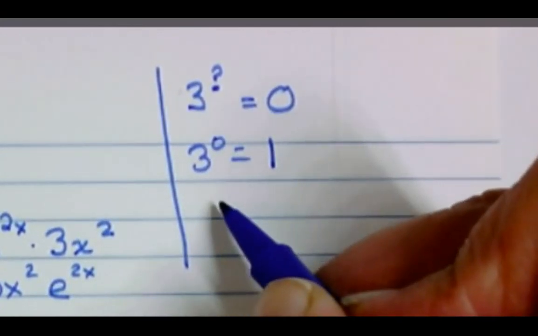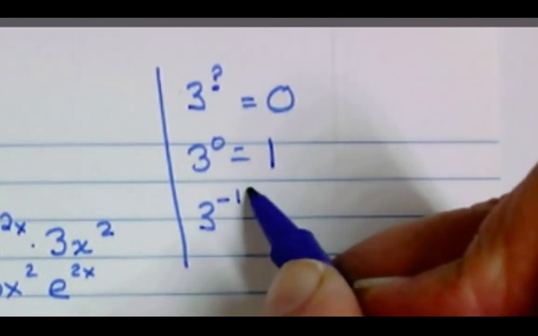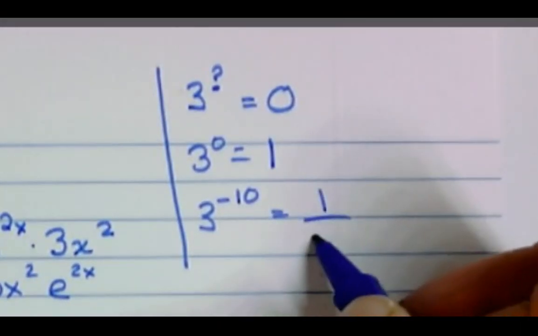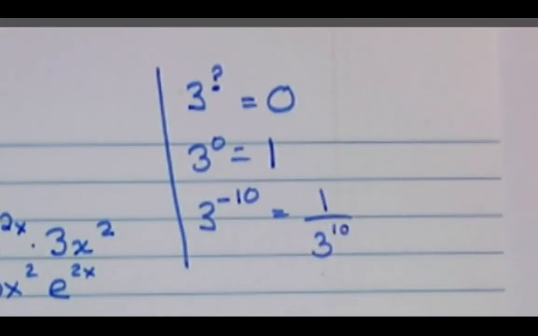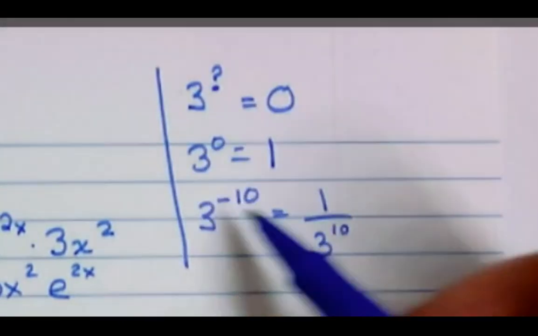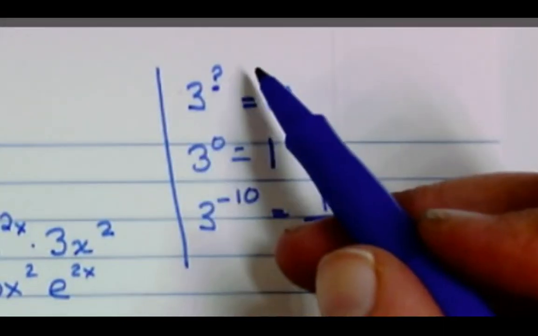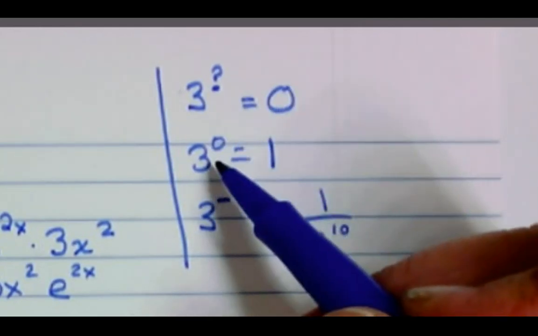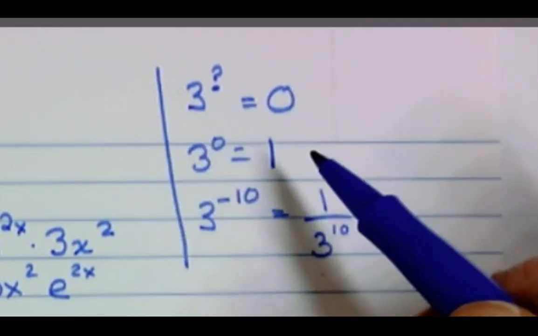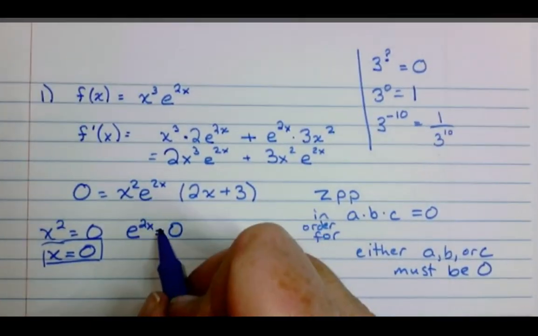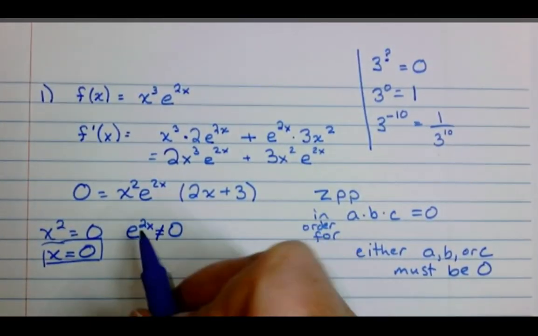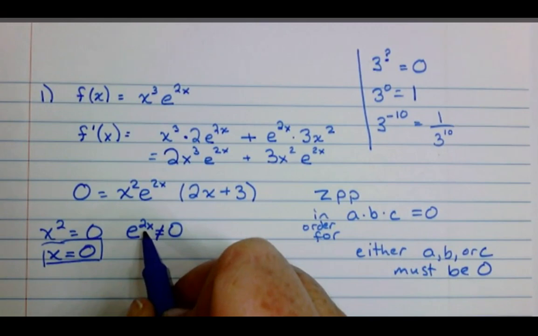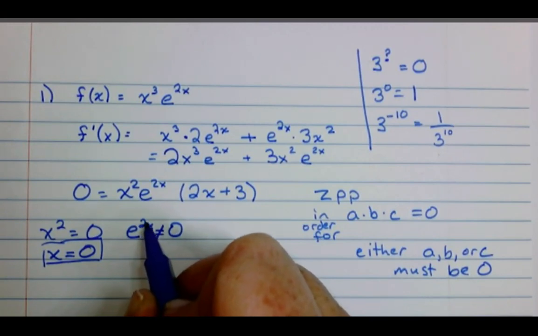If you stick a negative number on it, like 3 to the negative 10, well, then you get 1 over 3 to the power of 10. That's not 0. So there is no exponent that you can stick onto a number that would make that number with its exponent turn into a 0. So e to the 2x can never equal 0. Again, even if x is 0, e to the 2x would be e to the power of 0, which is 1.